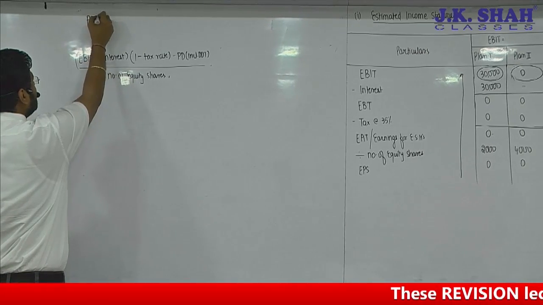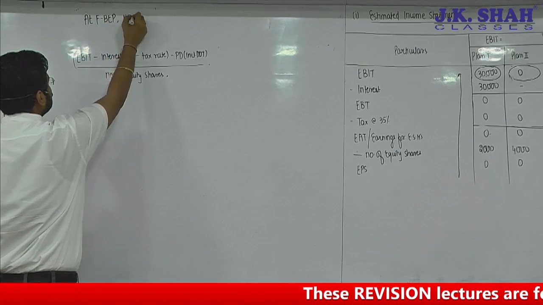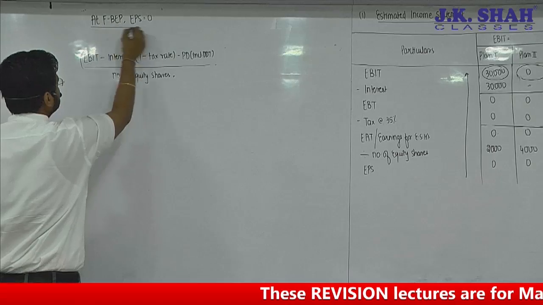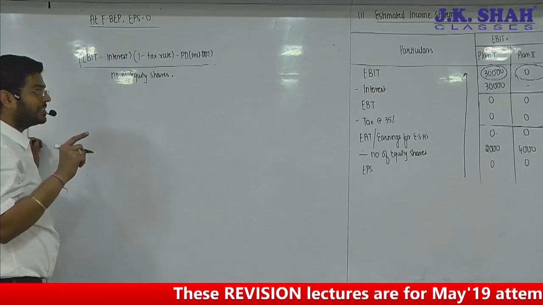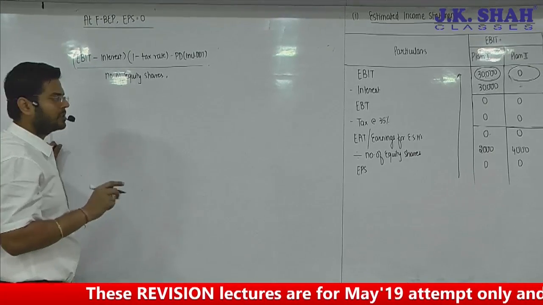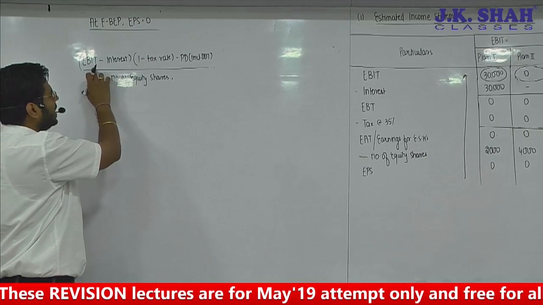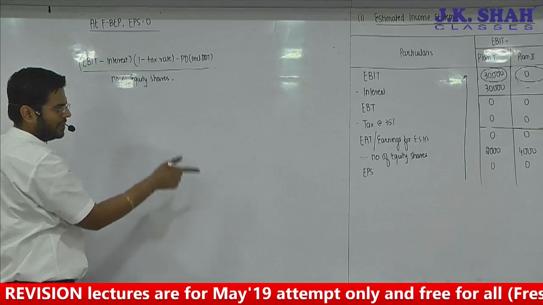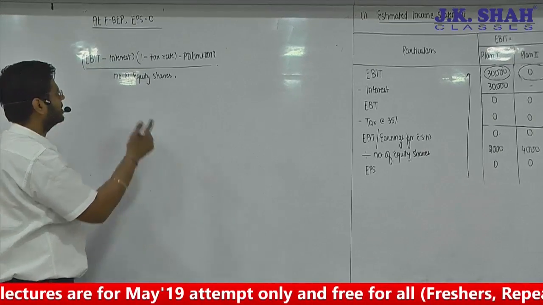At FBEP, EPS equals 0. If you notice, at FBEP your EPS will be 0. Now what is the formula for EPS? We learned that EPS is calculated as EBIT minus interest. That shortcut which I just told you, that is a statement. You prepare it in equation form, you get the answer.